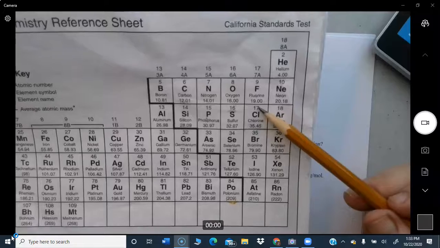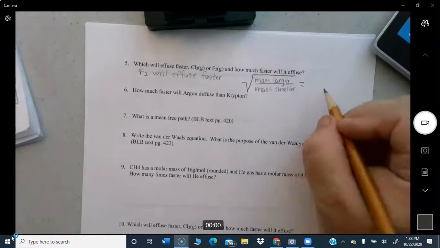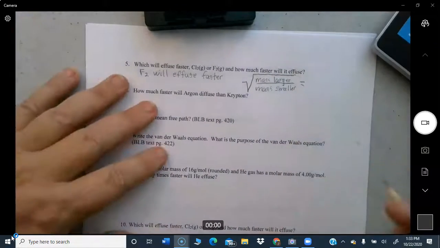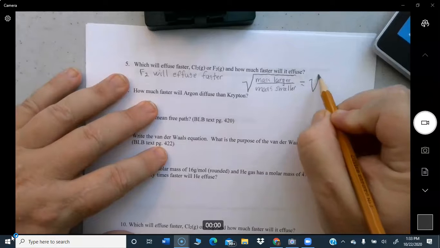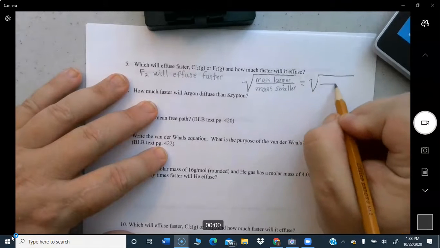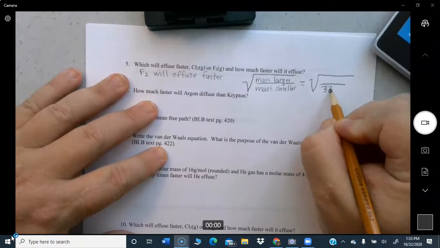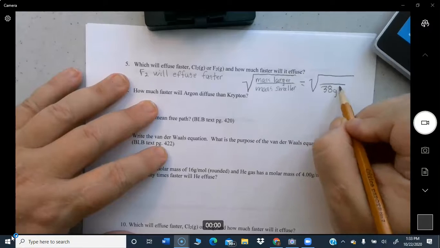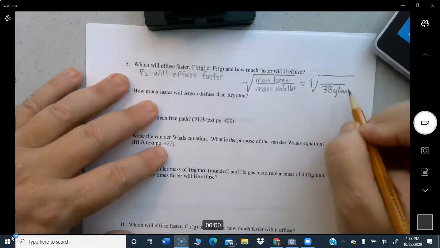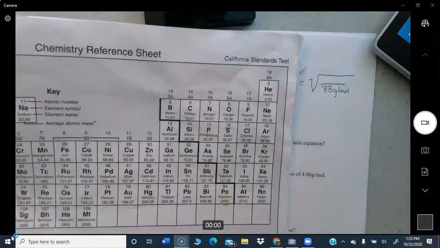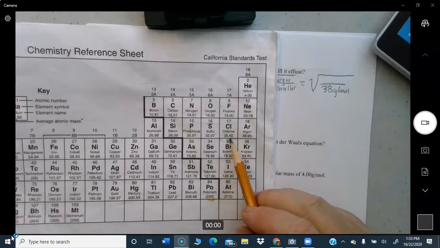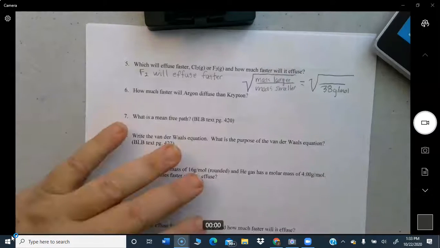So 2 times 19 is 38. That's the lighter one, so that's going to go on the bottom. Grams per mole is going to cancel out. And 2 times 35.45 is 70.90. That's going to go on the top.